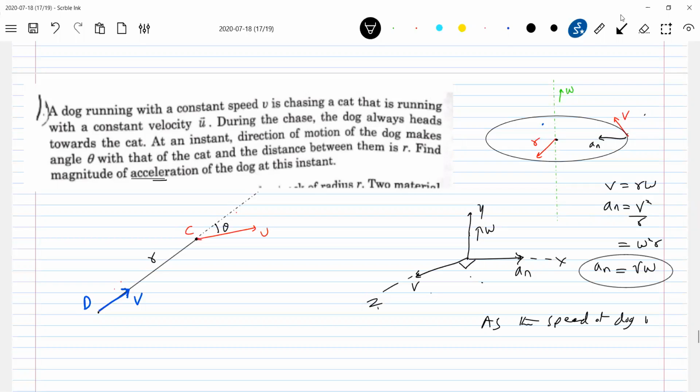But is the direction varying? Yes, continuously, as the cat moves, the velocity of the dog also will be directed towards C. So it will rotate, no? So therefore there's a change in direction of motion. So there's relative motion, and because of that there is a centripetal acceleration. So how to calculate that one?